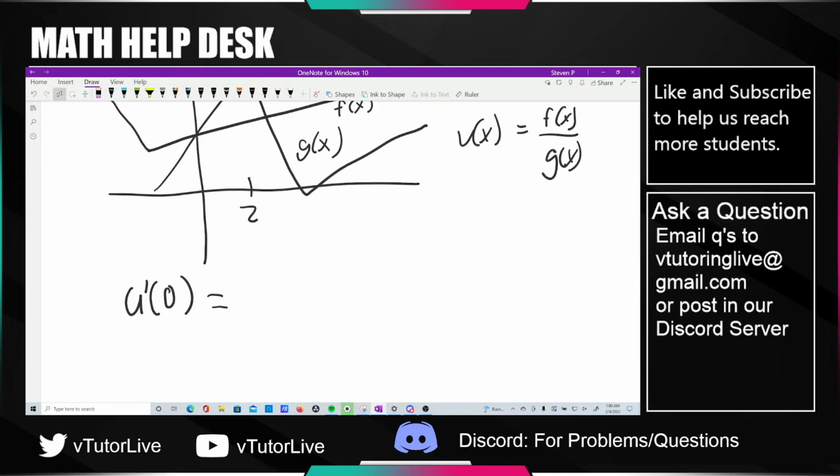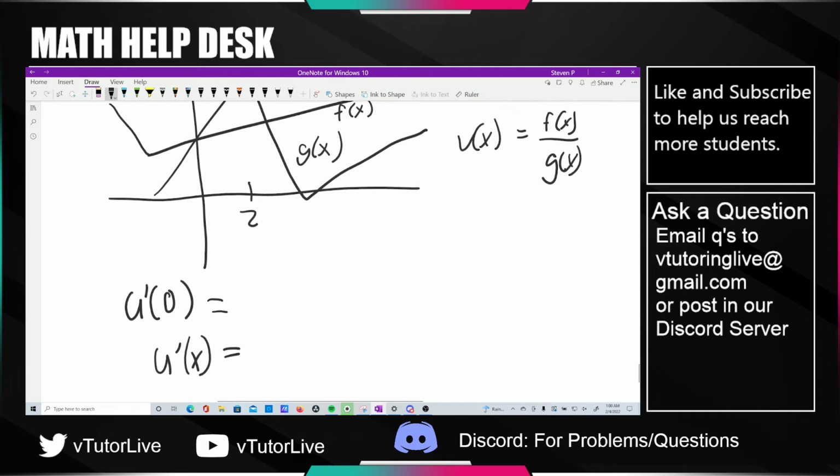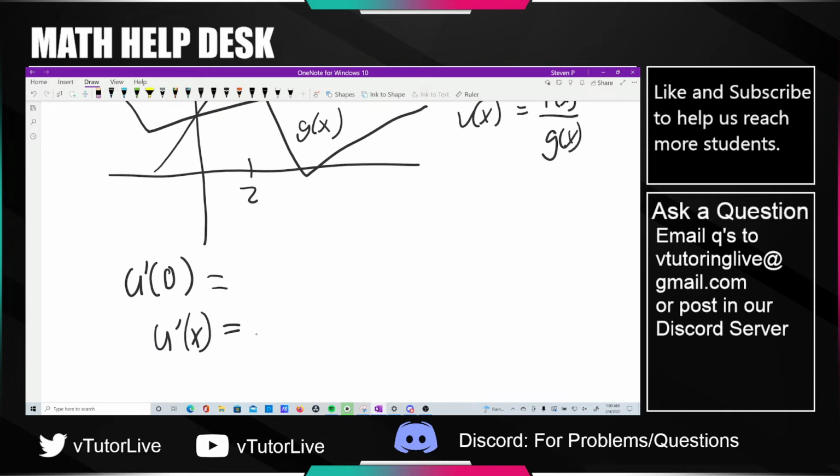If you want to figure out what this is, you first figure out the general expression for u prime of x. By product rule, we know that u of x is equal to f of x g of x, so u prime of x is f prime of x, g of x, plus f of x, g prime of x. So far, so good?